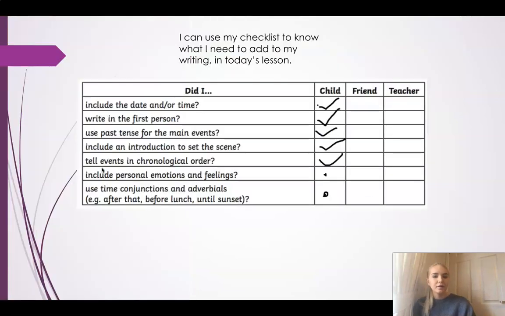Okay, now we have identified, and we can use our checklist to know what I need to add in my writing. And I can see here I have got ticks next to all of my features apart from where it says personal emotions and feelings, and time conjunctions and adverbials. So I know that when I come to edit my writing now, I am going to make sure that I include these.